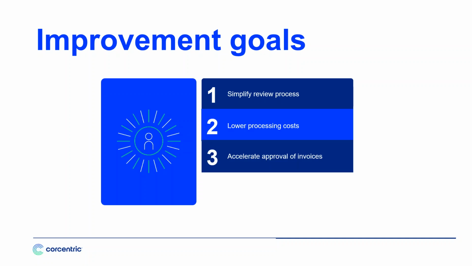Once you lower your processing costs, what you want to try to do is speed up what you're processing today. So you want to accelerate the approval process. How much time does it take when you receive that invoice to ultimately get it approved for payment? It might be one thing to receive an invoice to validate a number, but what about when you need organizational approval?